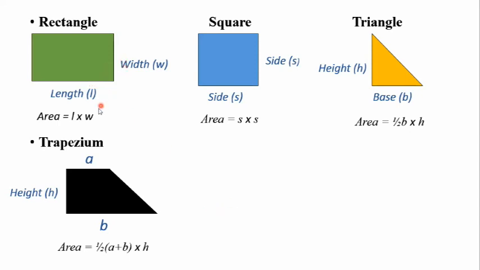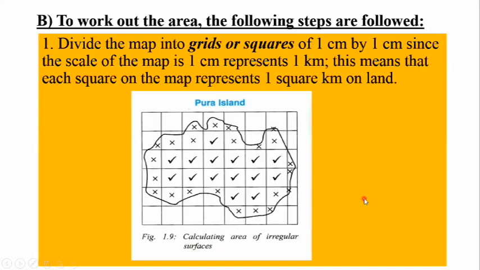After you've done that, work out using the formula, area is equal to length times width. The same applies to these other features that may take the shapes of regular shapes. So when you do that, you'll be able to find the area of a feature with a regular shape.